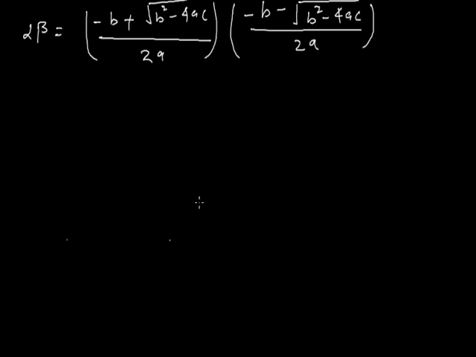When we solve this, we get c by a, which is equal to the ratio of the constant term and the coefficient of x².